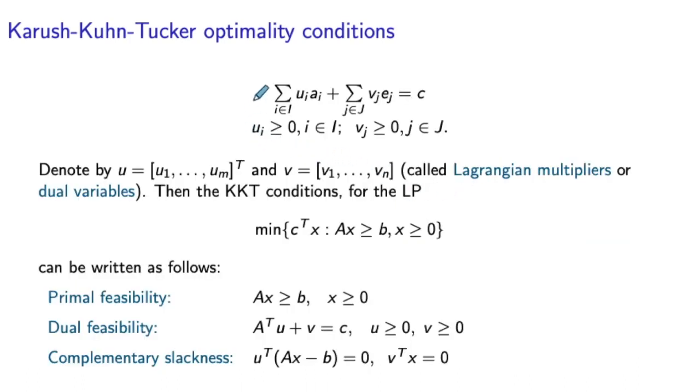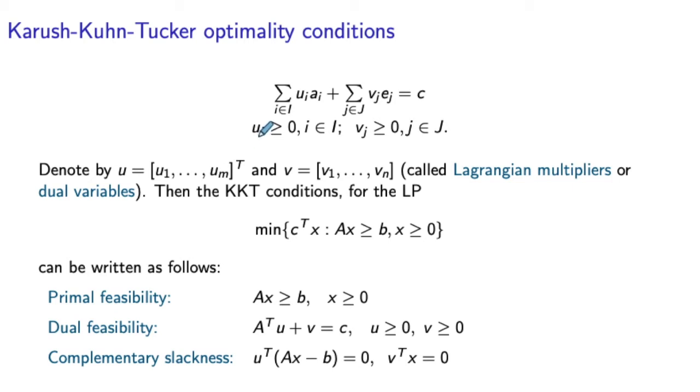Okay, we developed the optimality condition in this form right here, and in order to be able to check this condition, we need to know which constraints are binding at the point that we are considering, right? But what if we ask the question: given a linear program, find a point that satisfies the optimality condition?